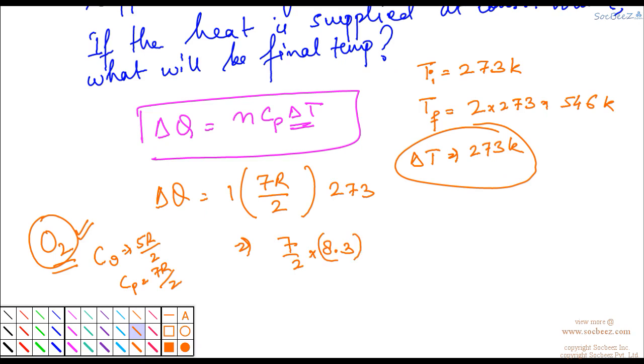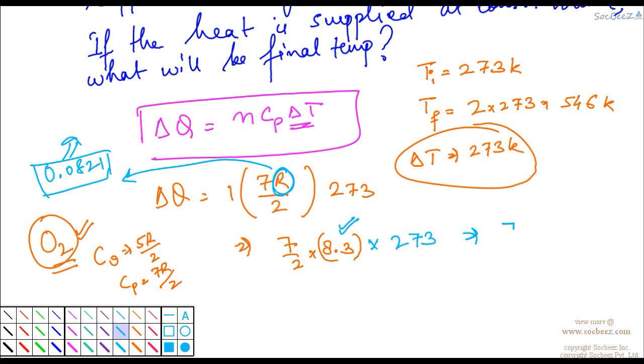The very important thing here is the value of R. Most of you are familiar with 0.0821, but that is not the correct value here, because that is the value when pressure is in atm, moles in quantity, temperature in Kelvin, and volume in liters. Here we are dealing with SI units, so you have to use the SI value of R, that is 8.3. That gives us 7930.6 joules.